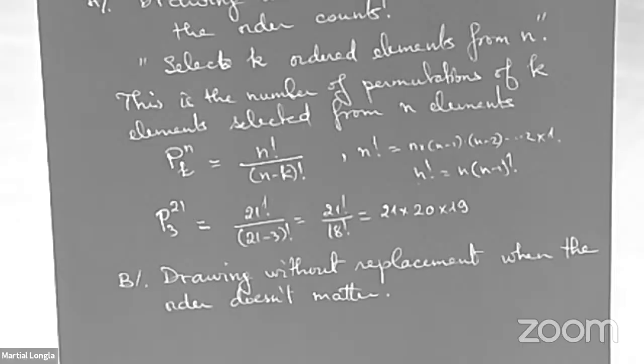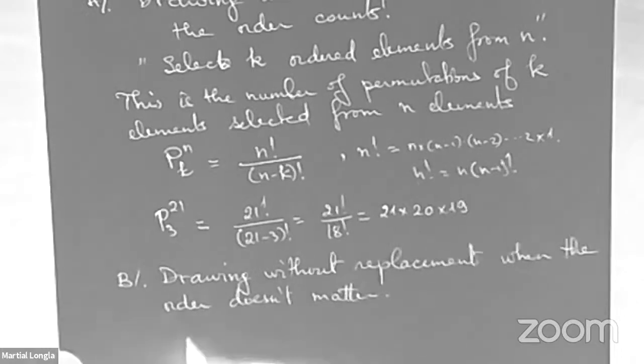Because when the order matters, every set of k elements is represented factorial k times, because of the whole different orders, right? And out of each of them, you need only 1. So you need to divide by factorial k. And it's the same factorial k for every single set. Does it make sense? All right.